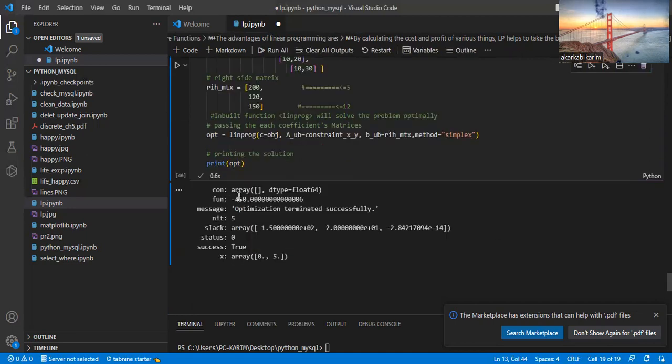This is the max profit I can find if I produce just 5 circuits of type B. I cancel A and work just with B to maximize my profit function.